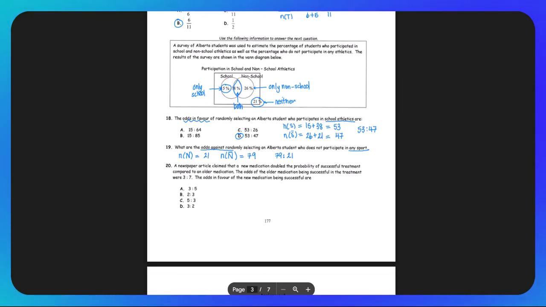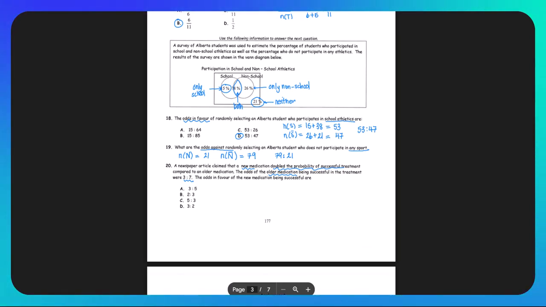And the last one, thanks for holding in to the bitter end. A newspaper article claimed that a new medication doubled the probability of successful treatment compared to an older medication. The odds of the older medication being successful in the treatment were 3 to 7.